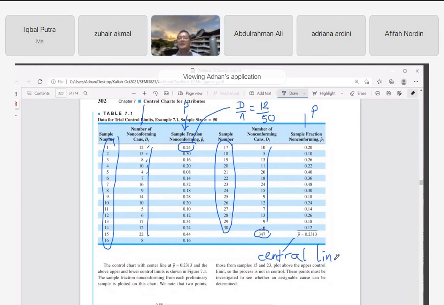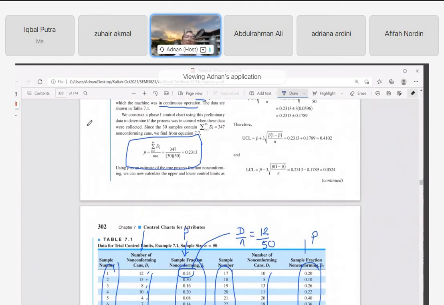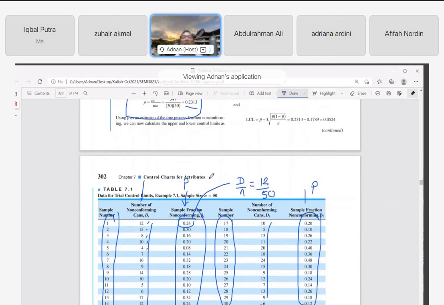You can take the average of the P values here, add all this, divide by 30, or you just use this formula, also can. 30 subgroups multiplied by every subgroup has 50. Total defective units is 347, divided by 1500. So this also can be done like that. More accurate like this.